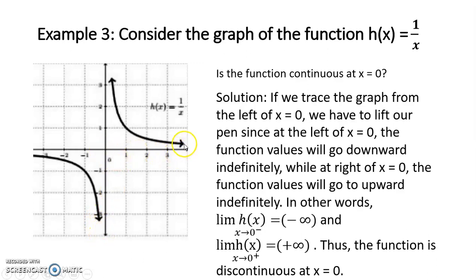From the right of zero, kung titingnan natin, yung graph naman ay pataas ng pataas. So, kung i-trace natin to, pagdating dito, kailangan natin iangat yung pen para makalipat tayo doon sa part na yon. So, makikita natin, the function is discontinuous at x is 0.